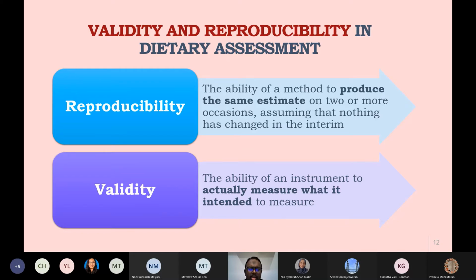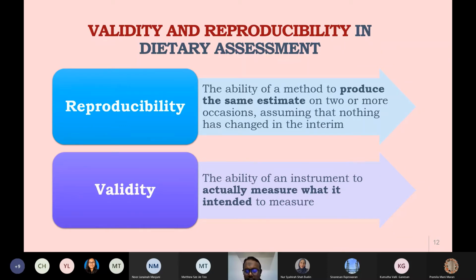For validity, we always hear about valid. So validity is the ability of an instrument to actually measure what it intended to measure. If a weighing scale should measure the body weight of a person, it should measure the actual body weight of the person.